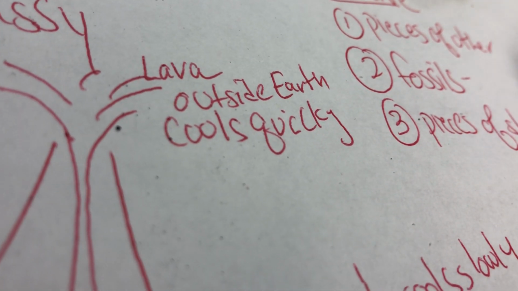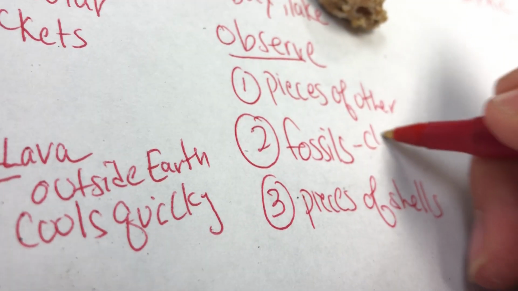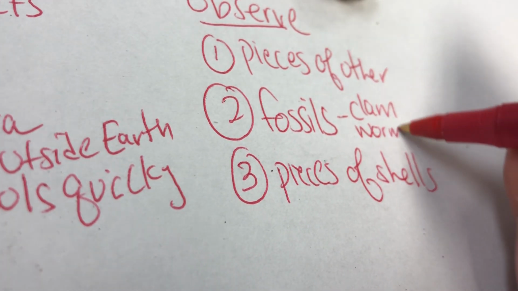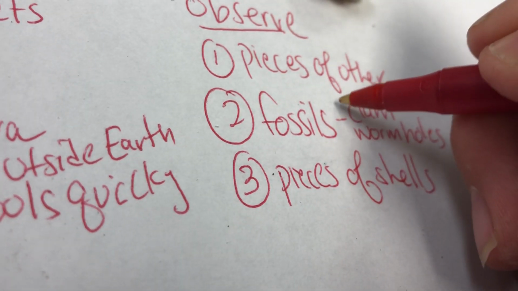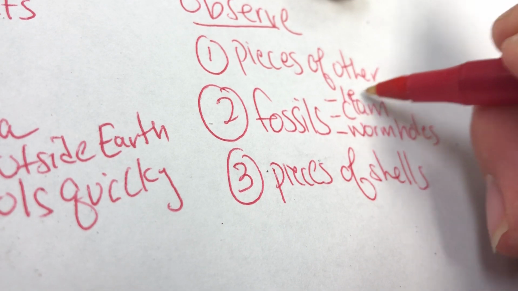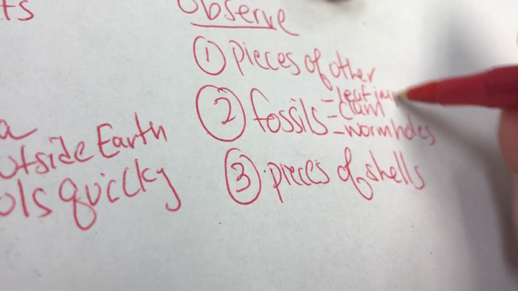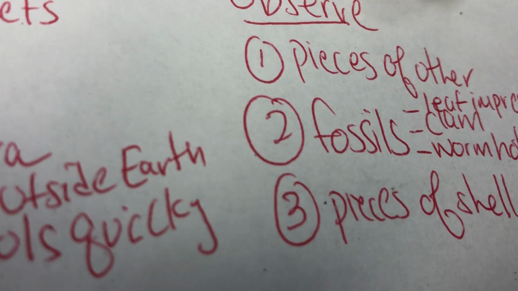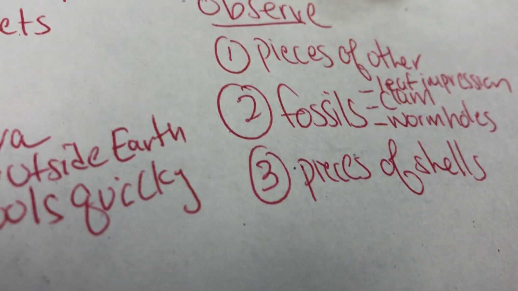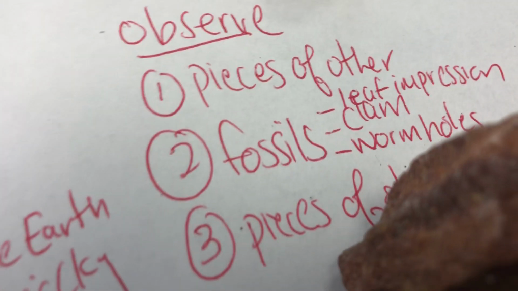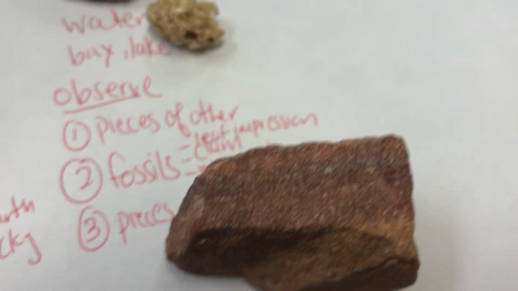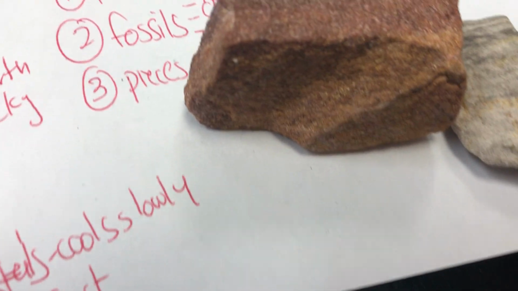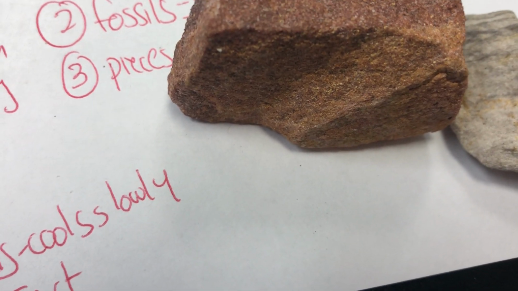So fossils, like clam shells, fossils like wormholes, fossils like leaf impressions. All of that is sedimentary. There's also this cool sedimentary rock. I don't know if you could see it, but it has these layers.